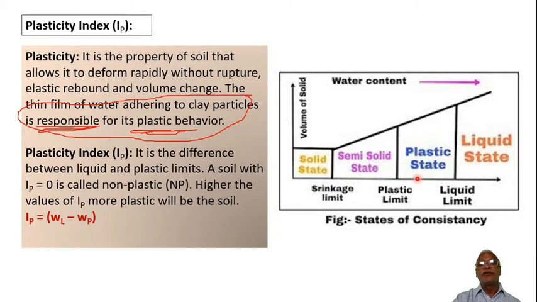It is a good range, because you can allow it to dry from 50 to 40, 30, 20 till 10, and it will still be in plastic state. There is no fear that immediately after a little bit of drying it will enter into semi-solid state. That is the meaning of plasticity index. The higher the value, the more plastic it is. That's what one can say.